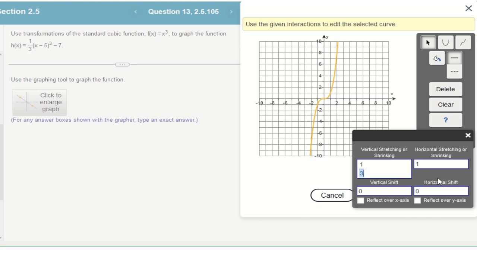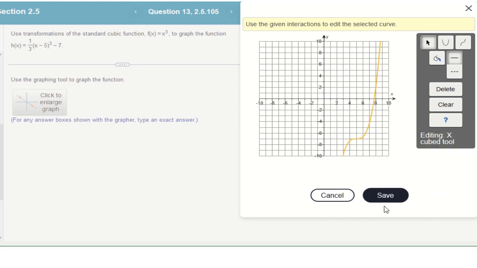Then we have vertical shift by 7 units down, that's negative 7, and horizontal shift by 5 units.